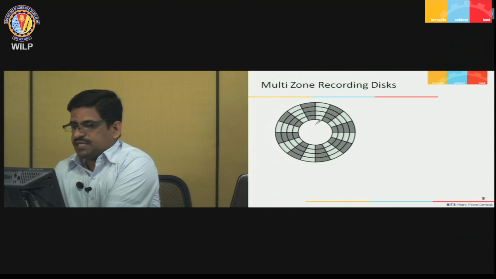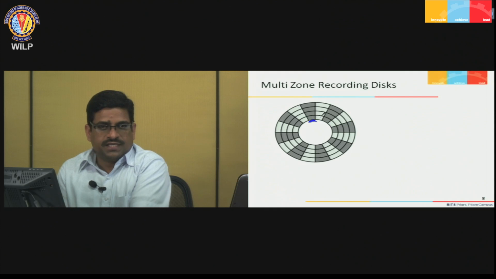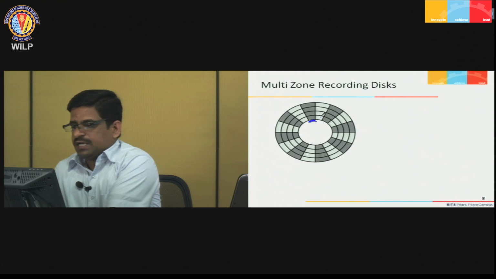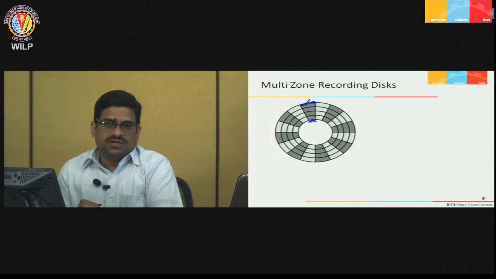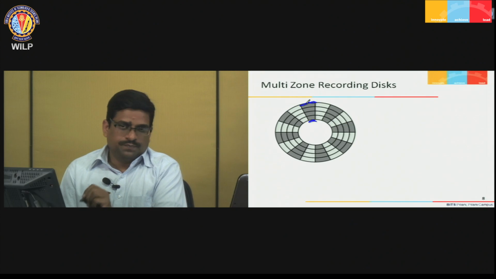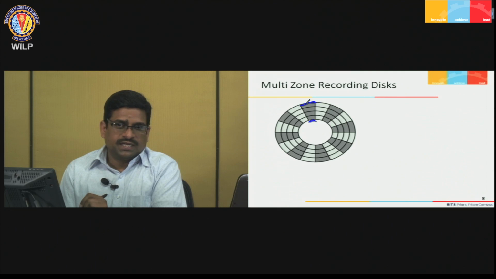So, one sector is there in this innermost track. The length of the innermost track is less than the length of the outermost track, but the amount of information stored is the same. That is called a single zone recording disk. One zone of recording is there because the disk is rotating at a constant angular velocity.